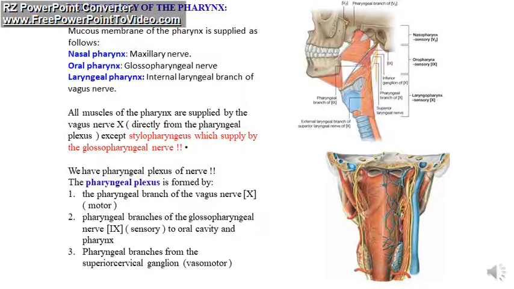The pharyngeal plexus, if you look here, is formed by the pharyngeal branch of the vagus nerve, the pharyngeal branch of the glossopharyngeal, and the pharyngeal branch from the superior cervical ganglion as a vasomotor. Any question?